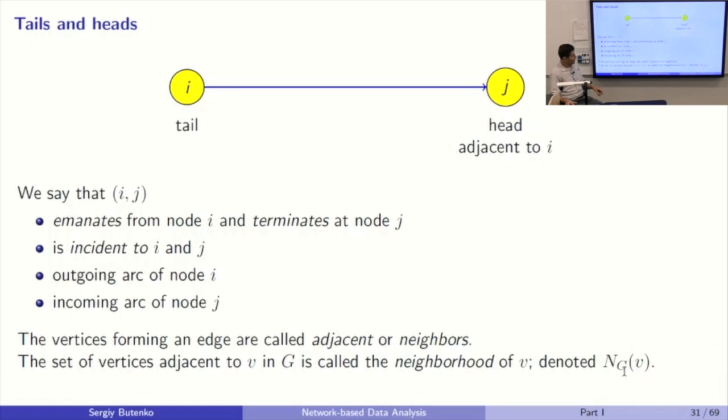Here we specify the graph in the index just to make sure that it's clear what graph we are talking about. The main reason for this is because later on we'll be using subgraphs or induced subgraphs, and sometimes we'll consider the neighborhood in the induced subgraphs, in which case G will be replaced with whatever denotes the subgraph.